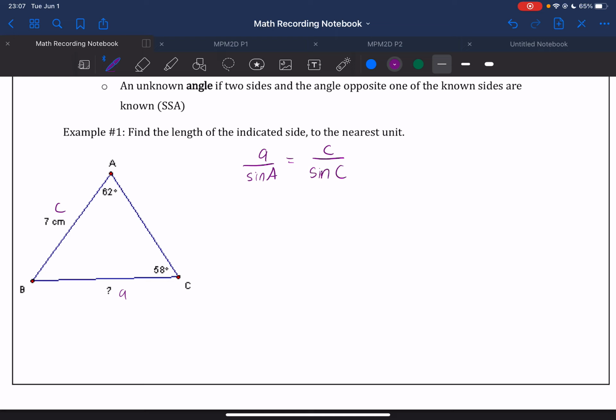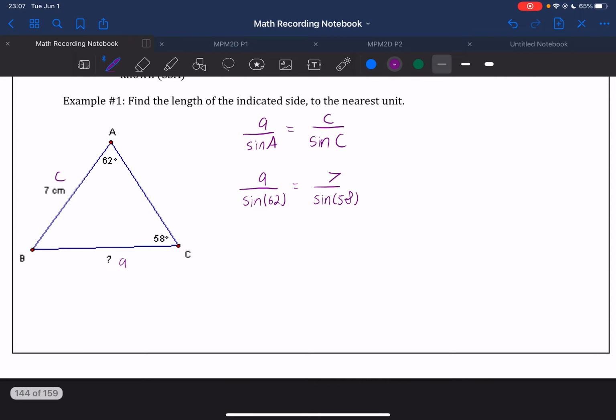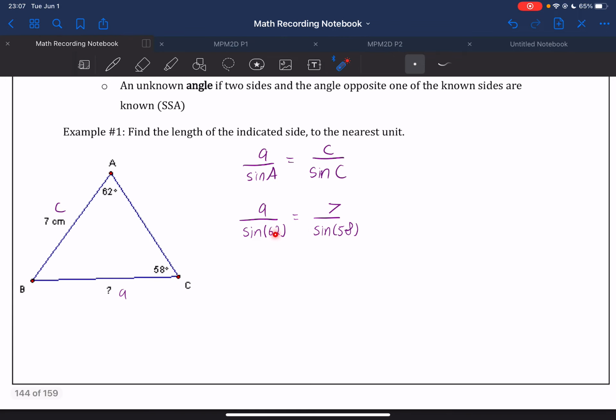Next up, we're going to input all of our information. A we still don't know, so that stays there. And we get a over sine 62 equals 7 over sine 58. Next up, we're going to isolate A. So we're going to take sine 62 and multiply it by the 7.